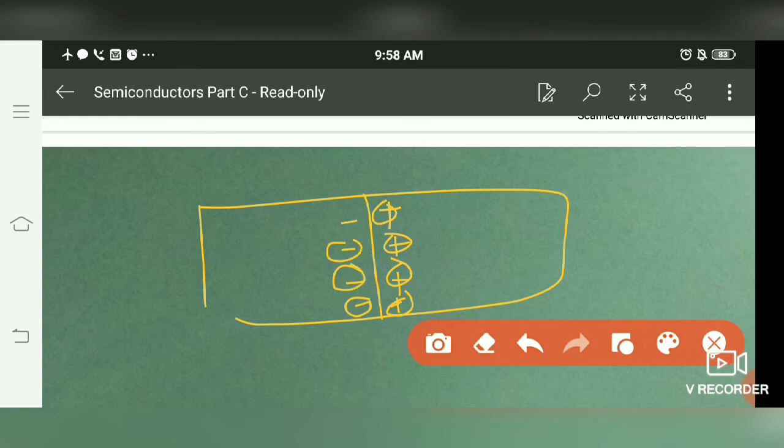Next we will do the biasing. We have two types of biasing: forward biasing and reverse biasing.